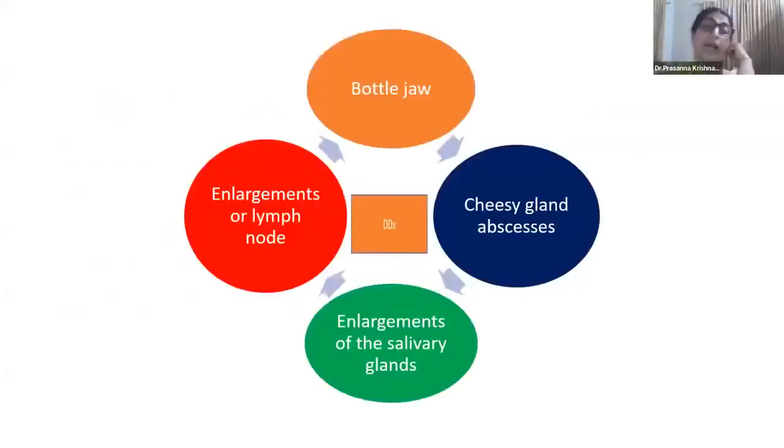This condition also has some similar conditions. You may confuse it with bottle jaw, and sometimes when the lymph nodes are enlarged, CL gland abscess, and then sometimes salivary gland enlargement, sialadenitis or sialolith. All these conditions need to be ruled out. For lymph node enlargement, we can take an impression and see whether a lymphoma can be there. Bottle jaw means actually parasitism, and we can find out this bottle jaw.